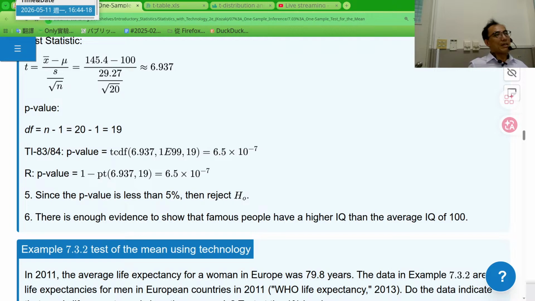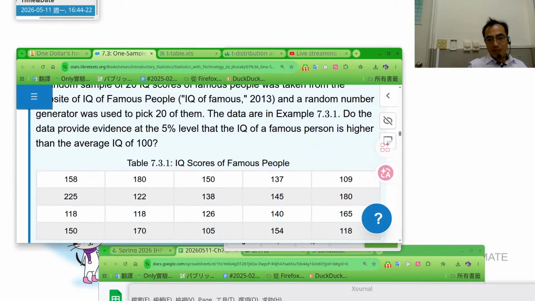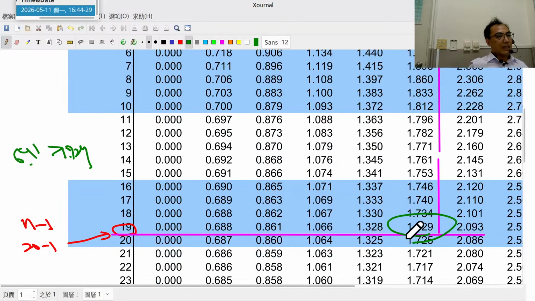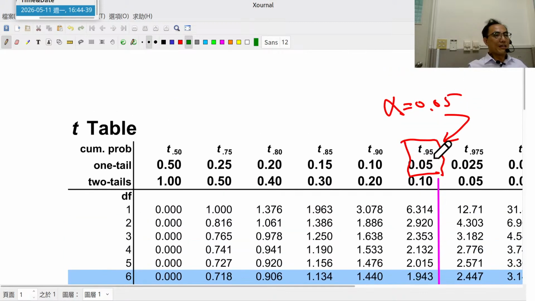This number we can check is greater than the critical value. Again, the number was 20, and the degree of freedom is minus 1, that is 19. And we set 0.05. 0.05 is here.